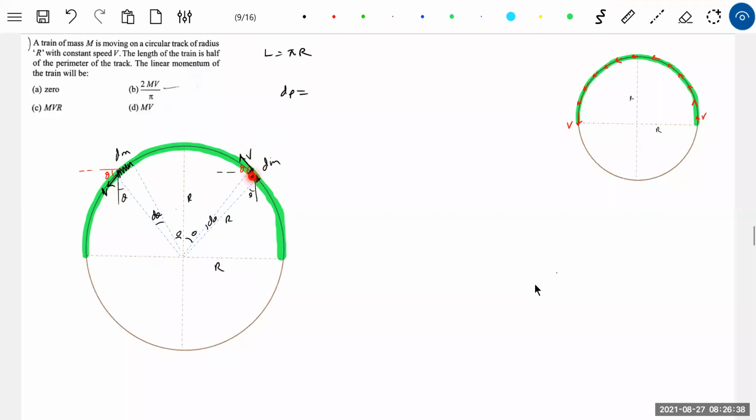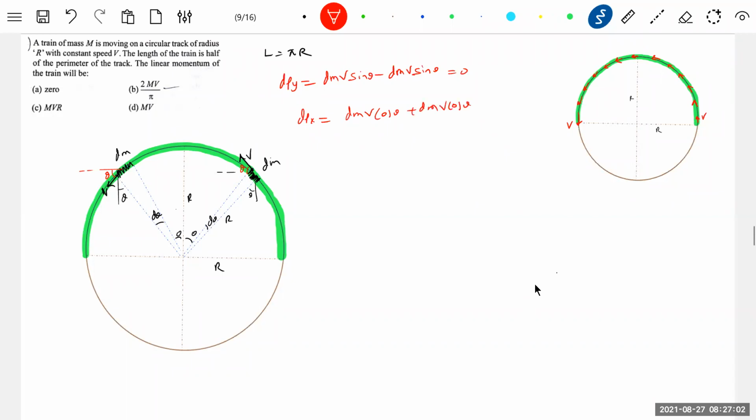The horizontal components will get added up here. So dp_y of the system will be dm v sin theta minus dm v sin theta, so this will be 0. What is the net momentum along the x-axis? Along the x-axis it will be dm v cos theta. Both will get added up.